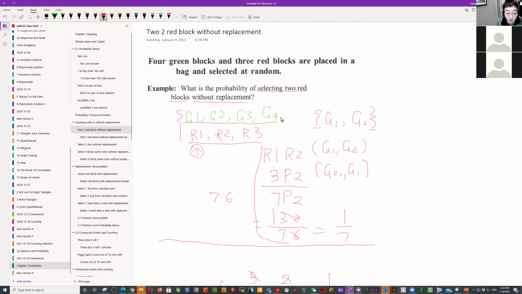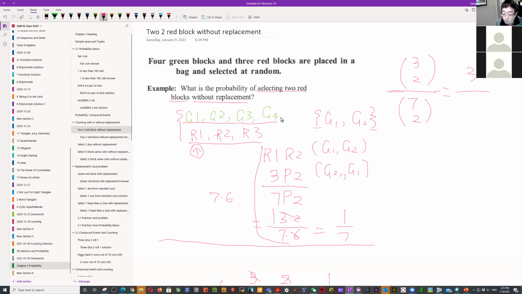If we use combination, choosing 2 blocks out of 7 is 7 choose 2. I'm still using counting, but using the combination. Then I am using 3 choose 2, choosing any two of the red. So it's 3 choose 2 in the numerator. 3 choose 2 is equal to 3 choose 1, which is 3.